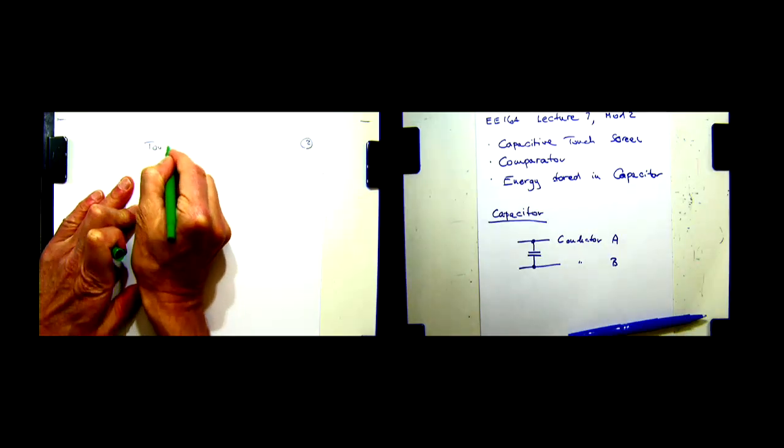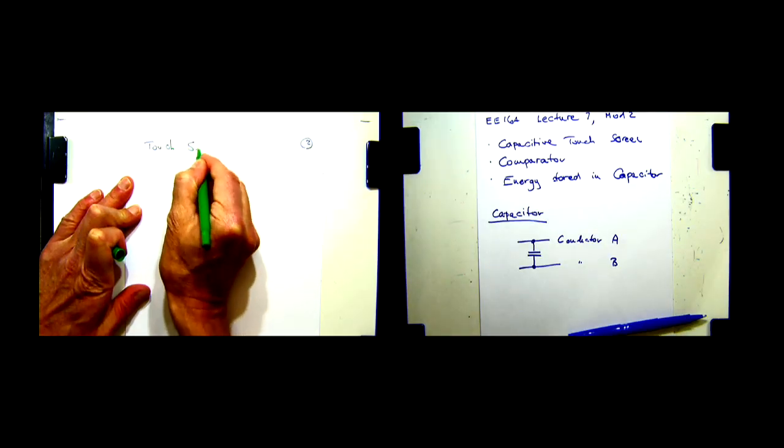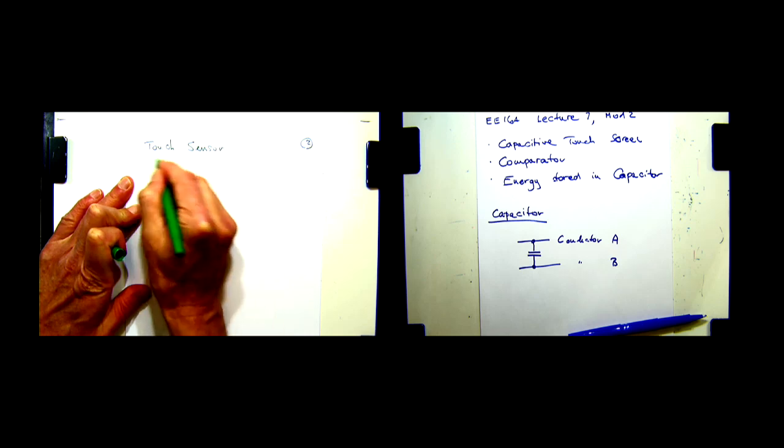Okay? So why did we just talk about this? Well, because we want to make that touch sensor. And this is again one of these design problems like we've run into from, I guess, the first lecture of Module 2.